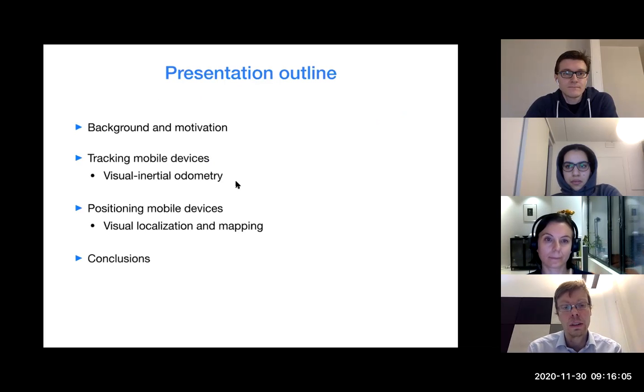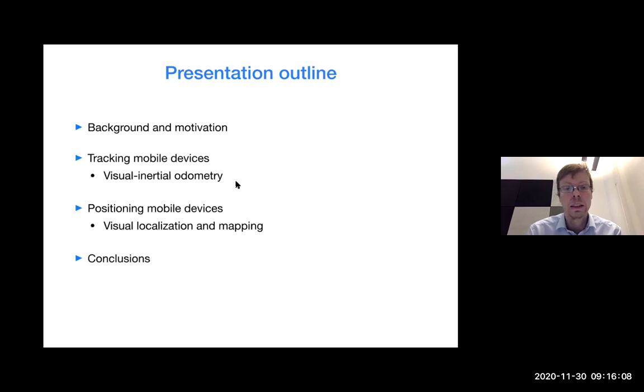The first part deals with tracking of mobile devices, and there we present our approach for solving this visual-inertial odometry problem. And the second part deals with the positioning of mobile devices or machines, and there we will discuss approaches for visual localization and mapping, and briefly present our CVPR paper from this year. And then I will conclude with some thoughts about future research directions.